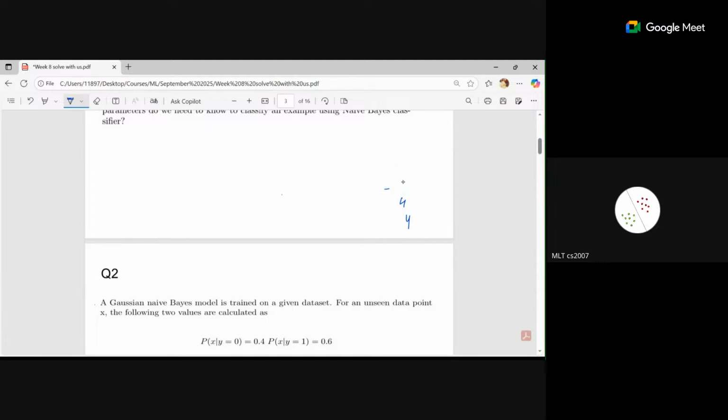Okay, let's see. So we have Y1, Y2, Y3, Y4, Y5. And for here, this is 4 parameters. There should be no doubt. Now, for each of these classes, I have 3 features.